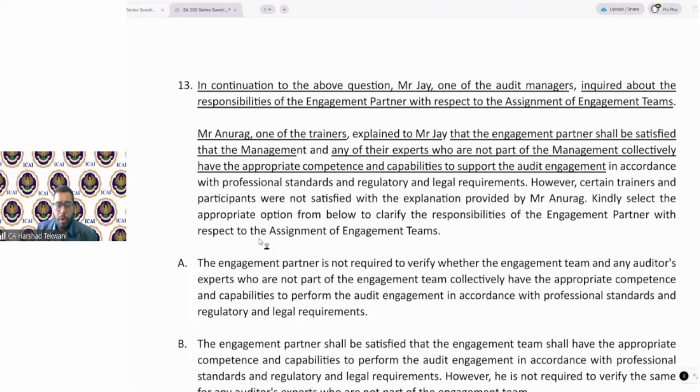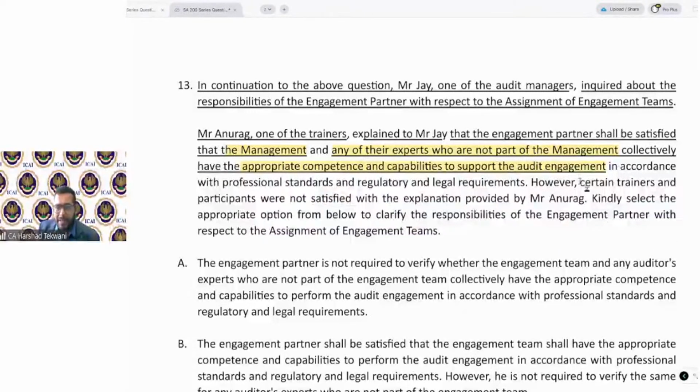Okay. So, what he told is that he shall be satisfied that the management and any of their experts who are not part of management collectively have the appropriate competency and capability to support the audit engagement.